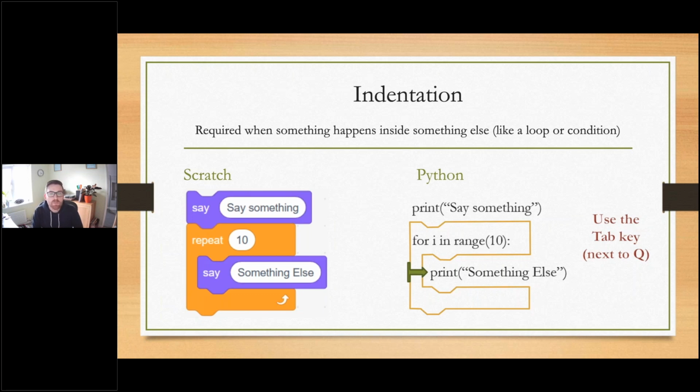And if it's not there, you may get what's called an indentation error. So when you run your code, you may get a warning or an error that pops up in your results that tells you that there is an indentation error. And that simply means that something isn't lined up as it expected to be inside another block.